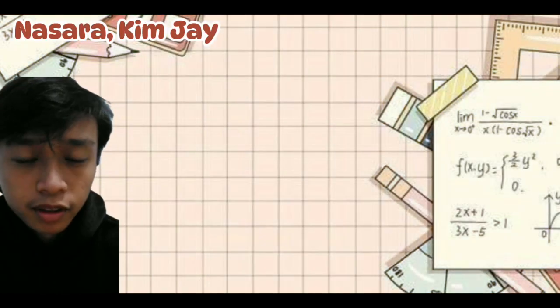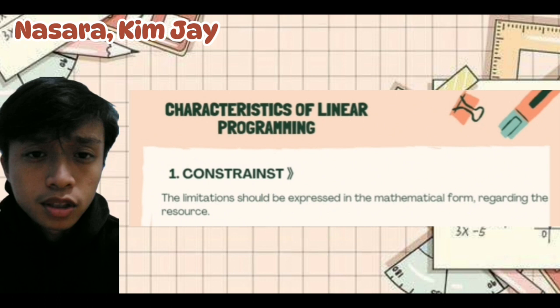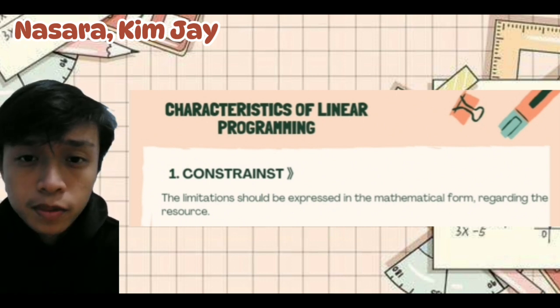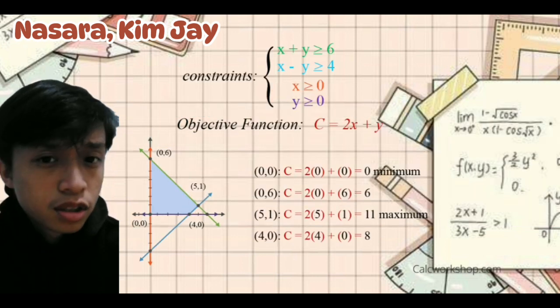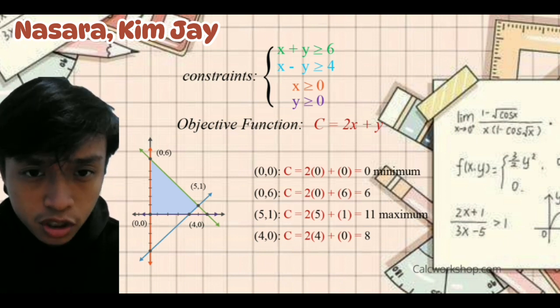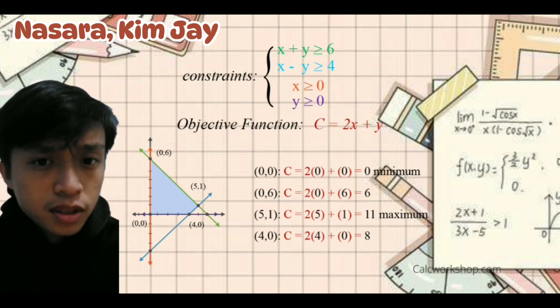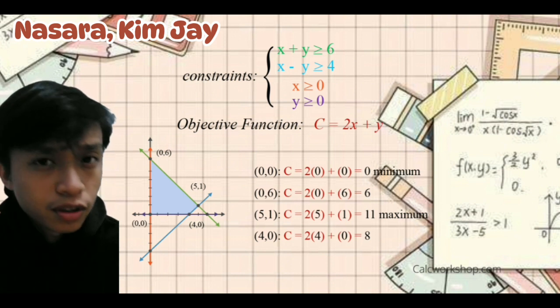In linear programming, constraints are restrictions or limitations on the decision variables that affect feasible solutions to an optimization problem. These constraints are expressed as linear equations or inequalities. The goal of linear programming is to find the values of the decision variables that optimize, maximize or minimize, a linear objective function while satisfying the given constraints.